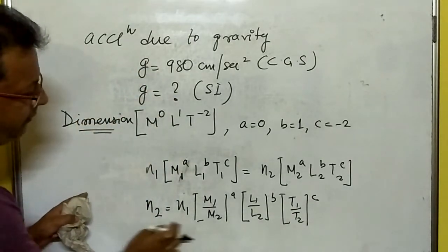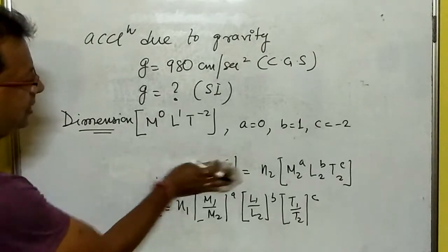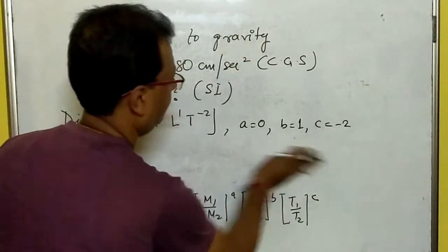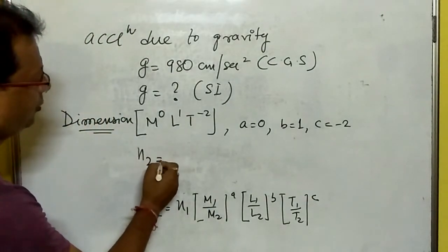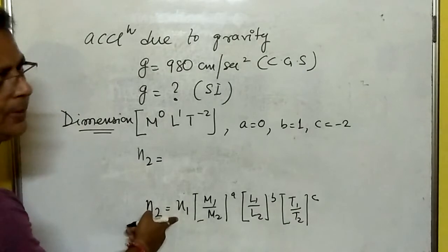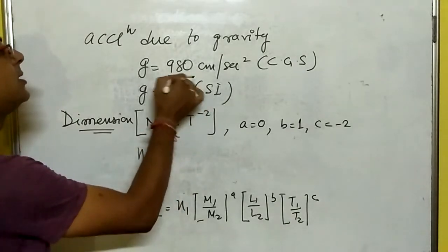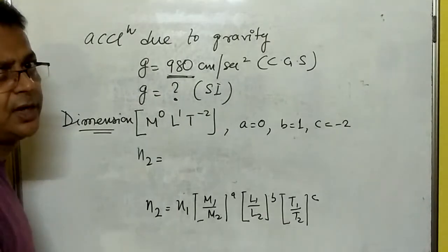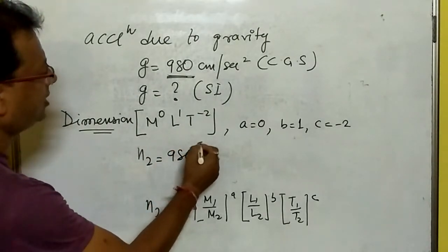Now this is the way to write n2. So we can write how much is n2 then? We can write n2 is equal to, what is n1? n1 is the numerical value. So what is the numerical value in CGS unit? The numerical value in CGS unit is 980. So we write here 980.